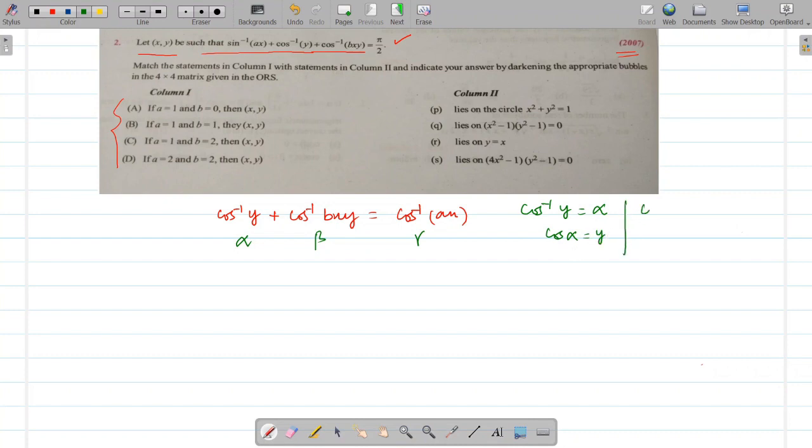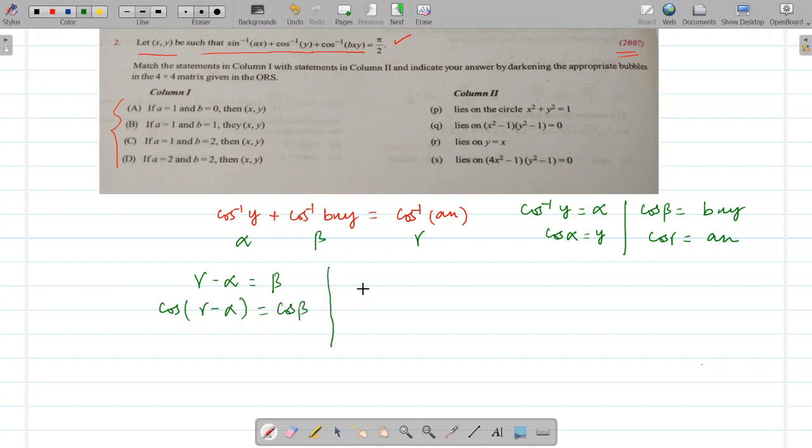Similarly, cos beta's value is bxy, and cos gamma's value is ax. So we can write that gamma minus alpha is equal to beta, and then cos of gamma minus alpha is equal to cos beta.